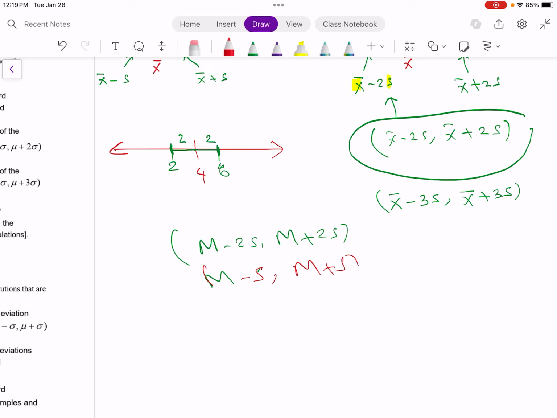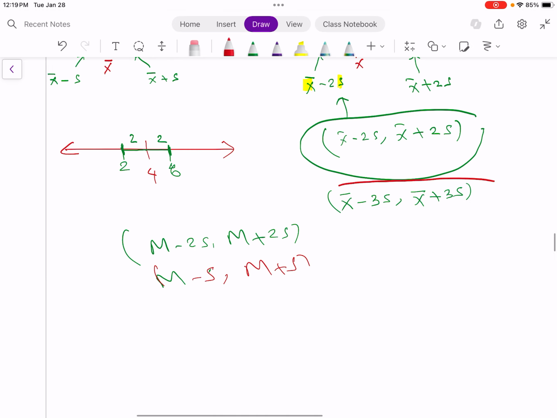You will be given a data set and asked to find the number of measurements within one standard deviation of the mean. You should be able to write this statement in interval form. Once you have the interval, you substitute x bar and s and get the interval.